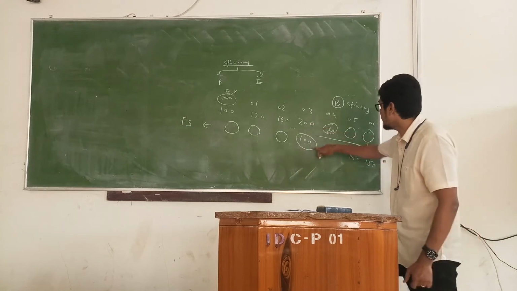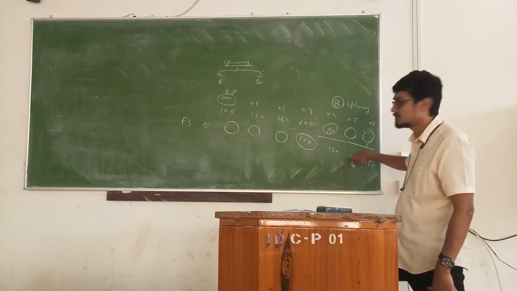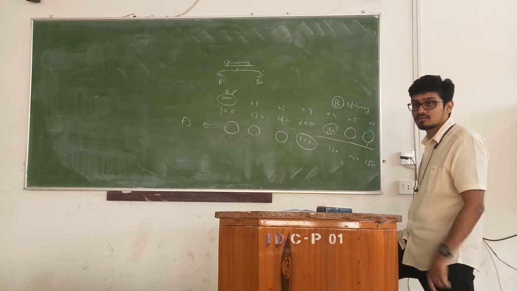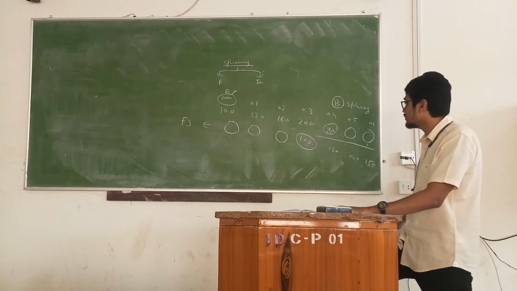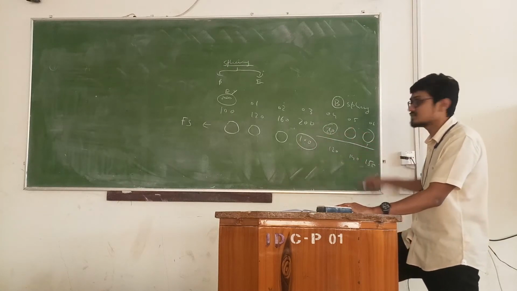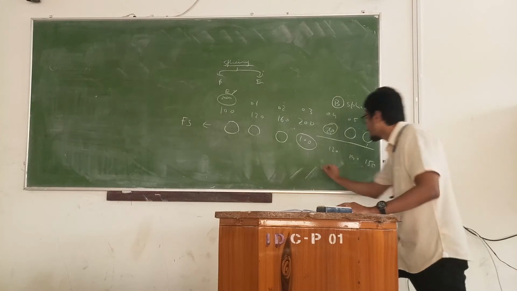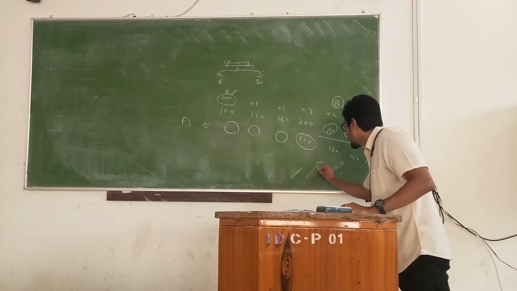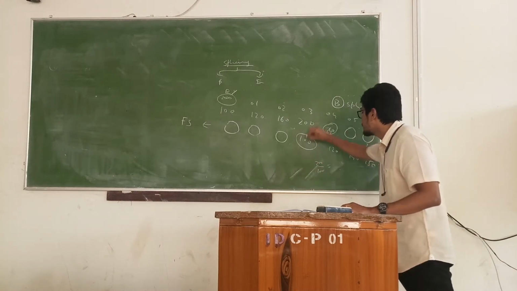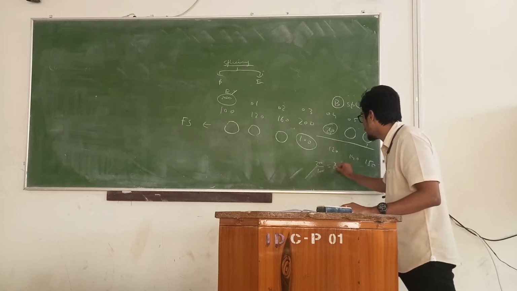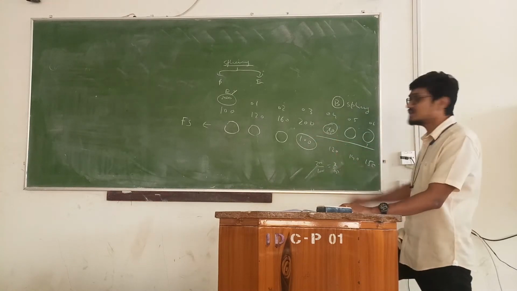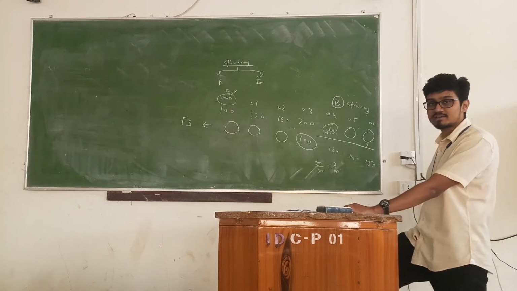How? If 200 is 100, then how much is 140? Look at the ratio, no? This by this is equal to this by this. Put it in equation form only. If this by this is equal to x by 140, then how much is x? Send this to the other side, no? 200 into 140 by 100 is x.